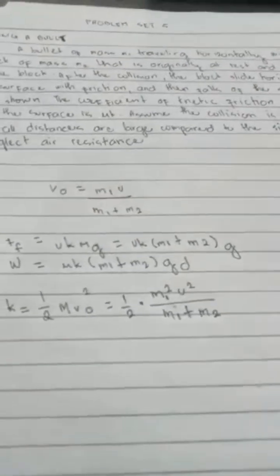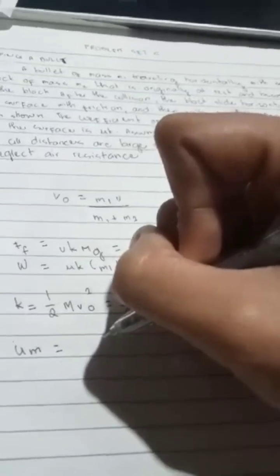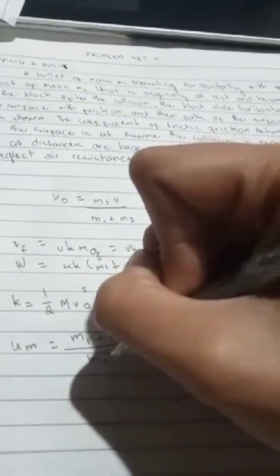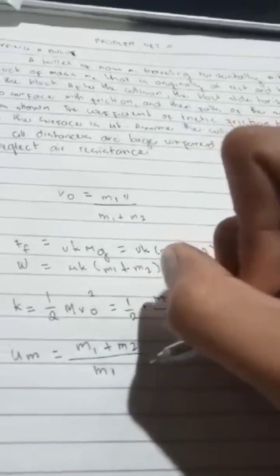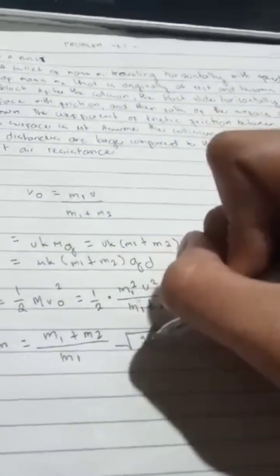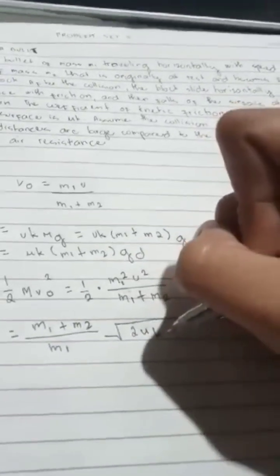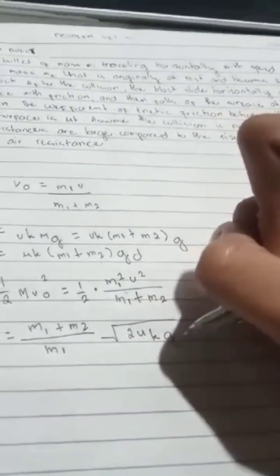So the minimum bullet speed equals the sum of the bullet's mass and the block mass, divided by the bullet's mass, multiplied by the square root of 2 times the coefficient of kinetic friction times gravity times the distance.